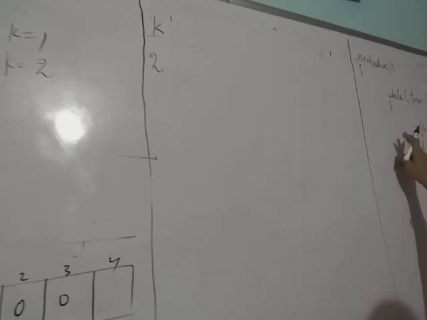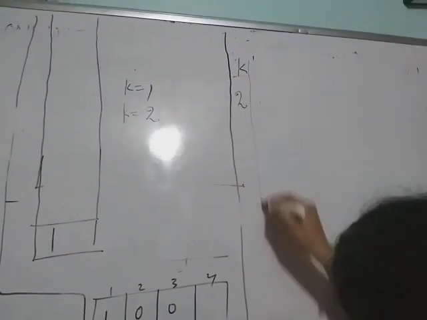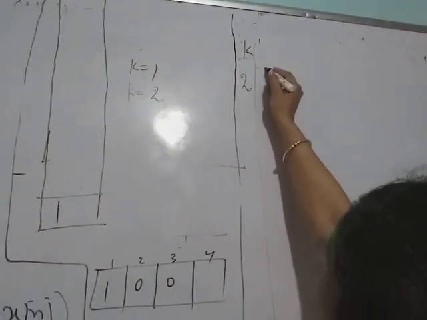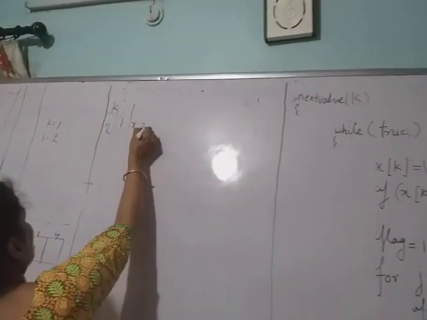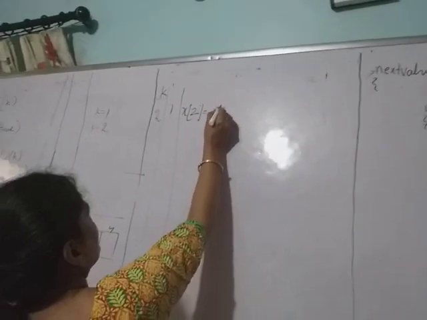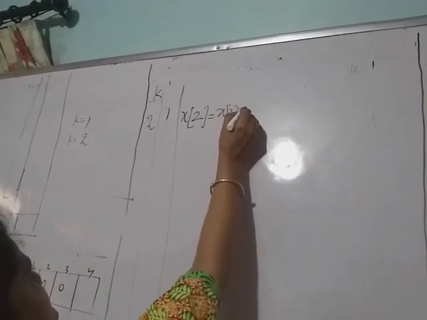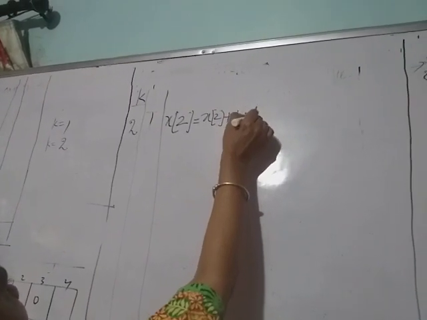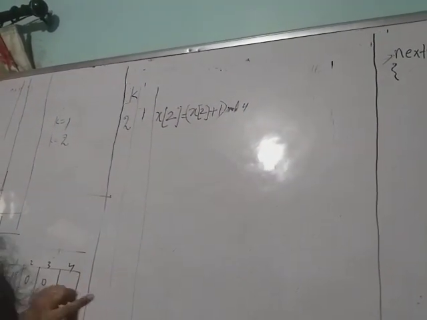K is 2, while true. The condition is true as this is the infinite loop, true. Okay, and then x2 equal to x2 plus 1 mod 4. Okay, so what is the value of x2 here?